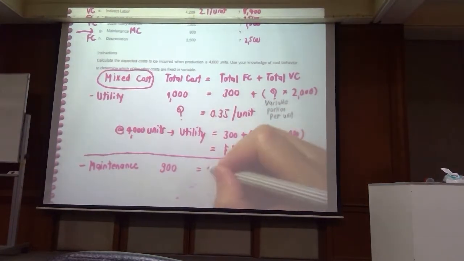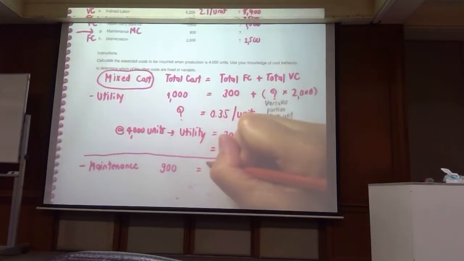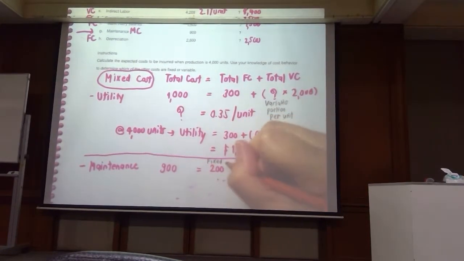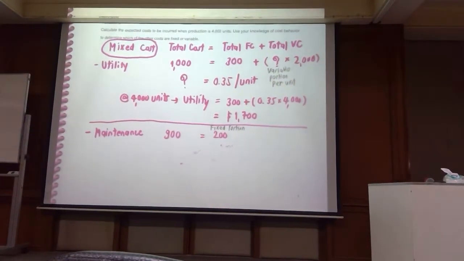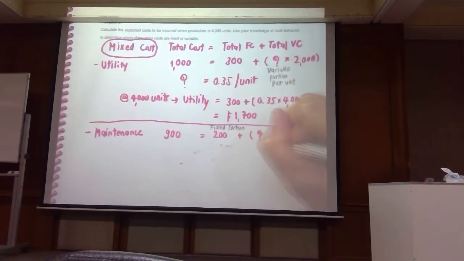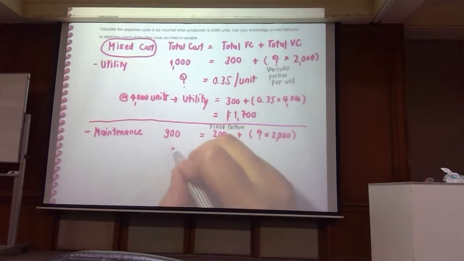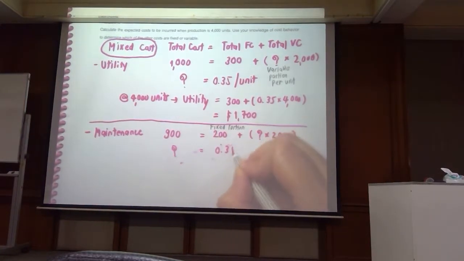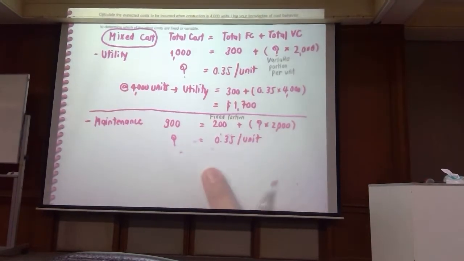And the fixed portion, right, 200. And how about the variable one? We do the same thing, right? And the variable portion per unit equals 0.35 per unit. This one is by accident, okay? It just happened to be the same, okay?